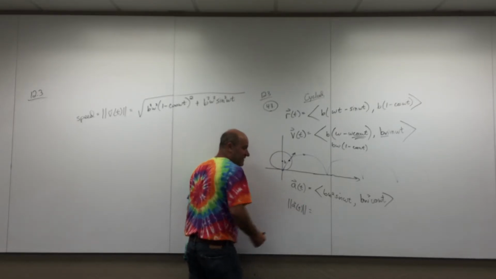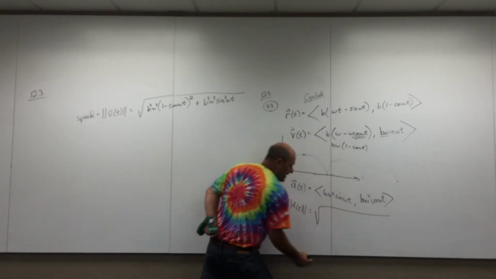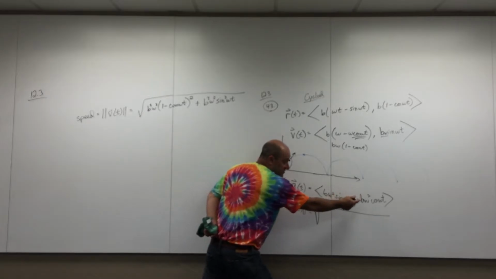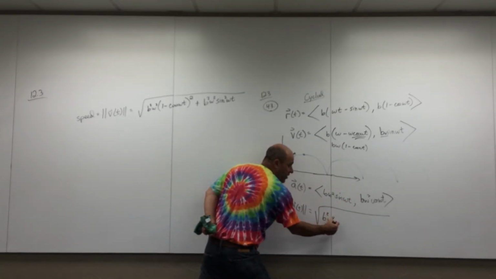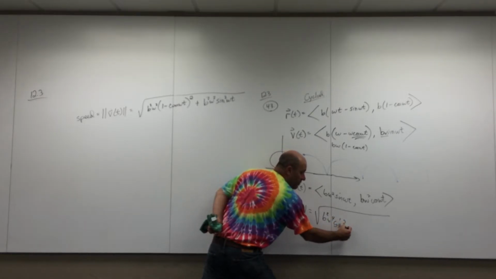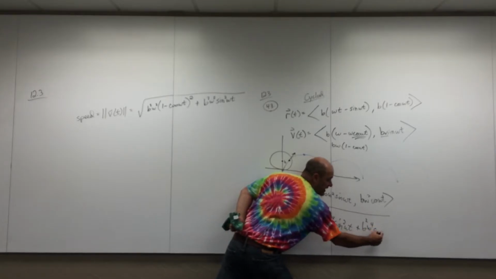All right, here's what it is. It is this squared plus this squared, right? So it's b squared omega to the fourth sine squared omega t, plus b squared omega to the fourth cosine squared omega t.